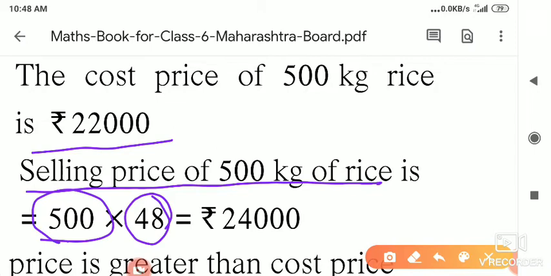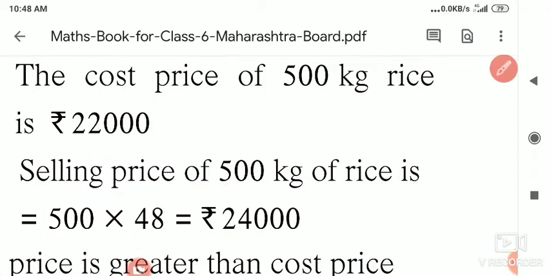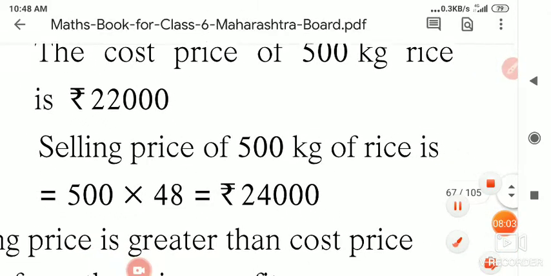So if you multiply both, you will get the SP of 500 kg of rice. 500 into 48 is equal to 24,000 rupees, which is the SP.